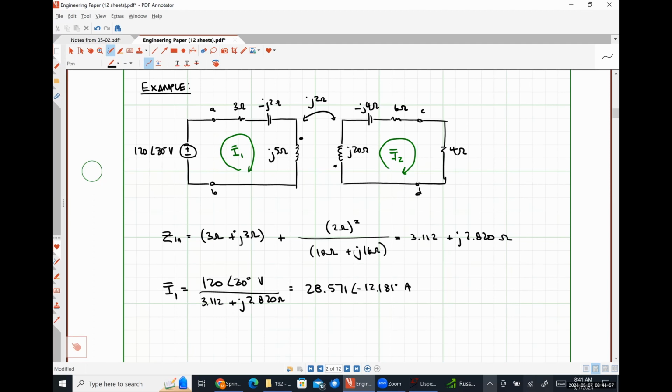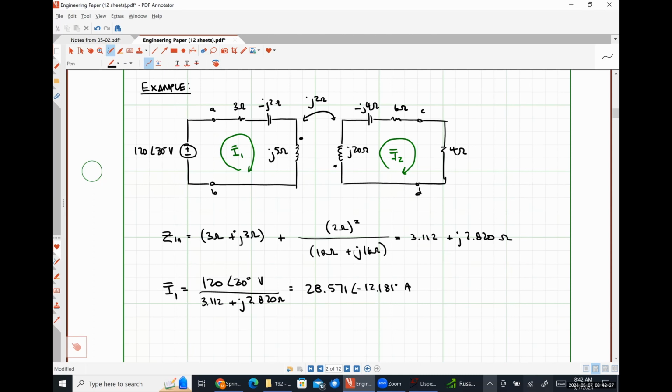Is it the same as I2? It is not. So we're about to solve for I2. So let's talk about how we can solve for I2. Okay. There are two different ways to approach this, but I'm going to do it the laziest way possible because I'm me.